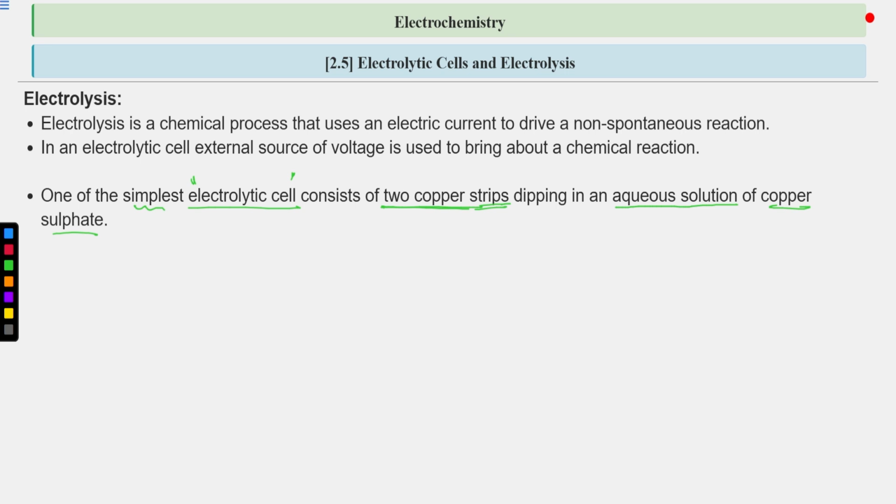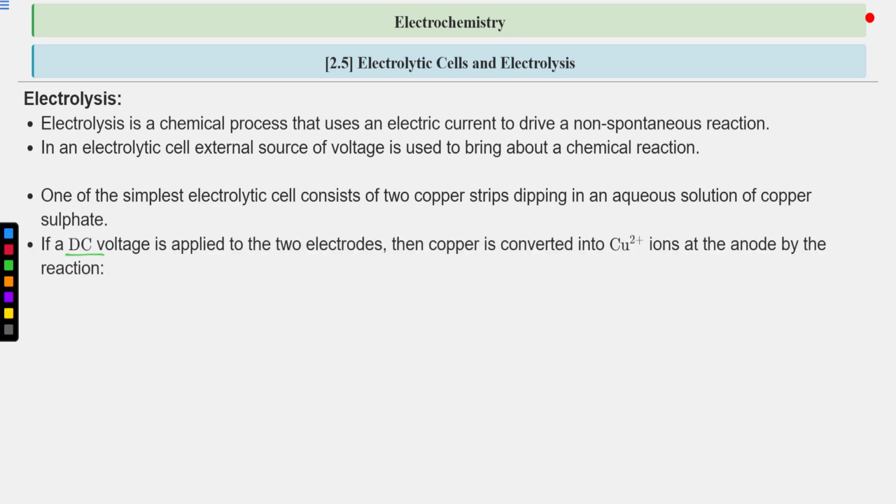Strips are basically sheets of copper with a small width and long length. So two copper strips are dipping in an aqueous solution of copper sulfate, and the strips are made up of copper, dipping in the copper sulfate solution, CuSO4.